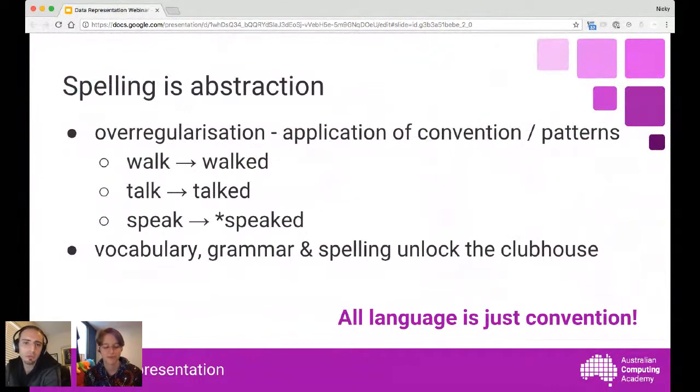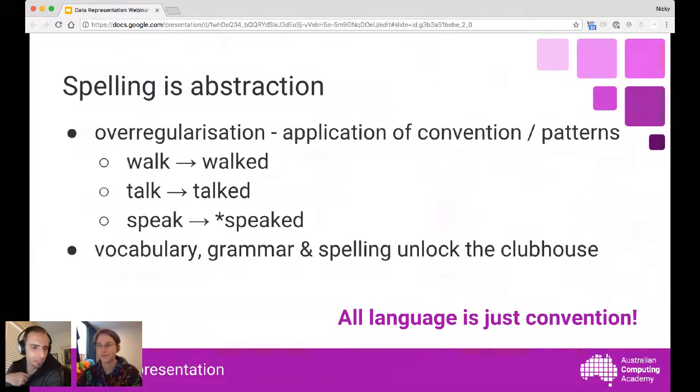So if we want to take walk and make it past tense, we would add ed on the end to make the word walked. And we do that with talk as well, to get talked. But if you do it with speak and you go to speaked, that's just an application of a convention, following the same pattern you have with everything else, and you produce something that's incorrect. And it's not incorrect because you're not communicating the concept correctly. It's incorrect because that's different to the convention that we have all agreed upon.